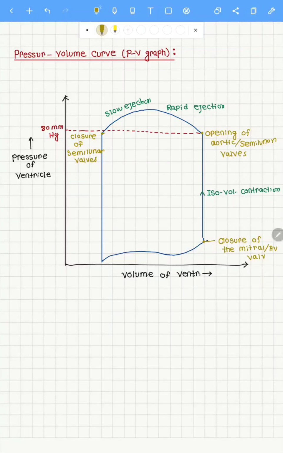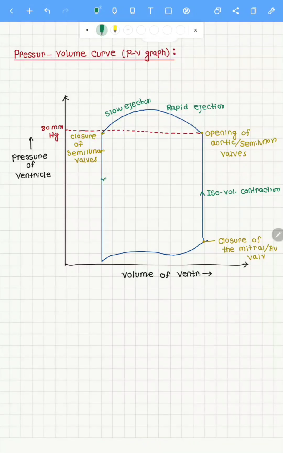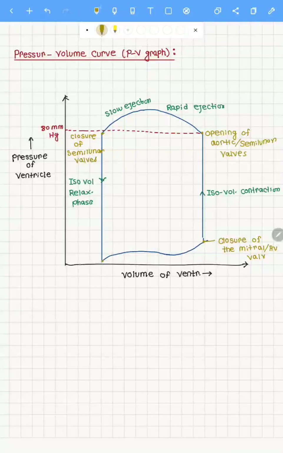And this phase is the isovolumetric relaxation phase. After the isovolumetric relaxation phase, the mitral valve will open at this point. Mitral valve will open, mitral or AV.